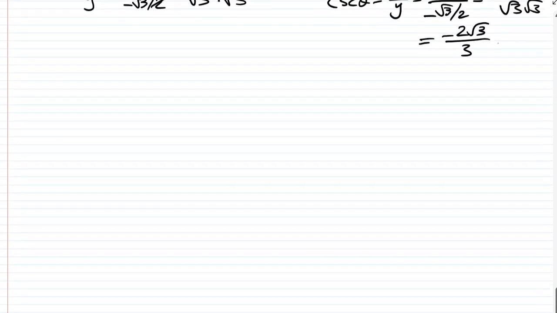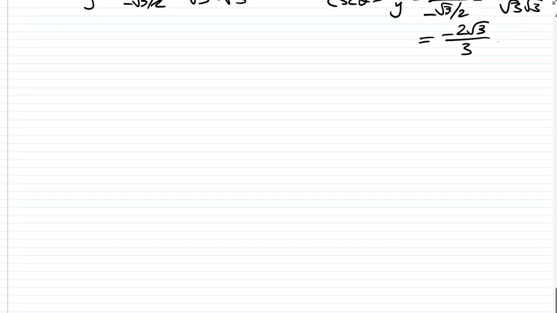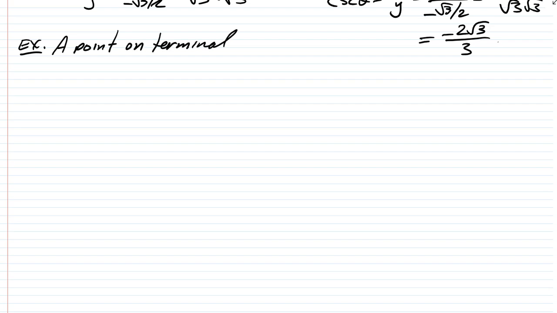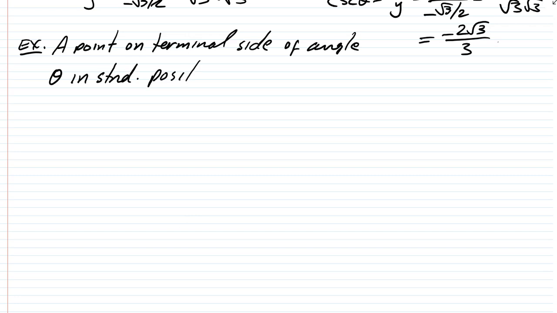So hopefully everybody's okay with this example. Now, what if we don't have a unit circle? In my next example, suppose this time I'm going to say a point on the terminal side of angle theta, in standard position. That's important. Our angles are all going to be in standard position.